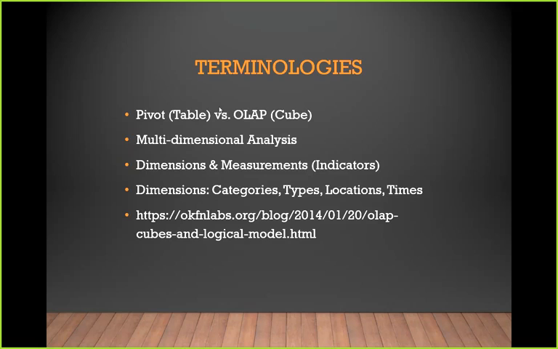In the data warehouse world, dimensions have three different categories. One category is called a dimension: any category. For example, country and state are categorical variables, and anything you can put into a categorical variable becomes a dimension.